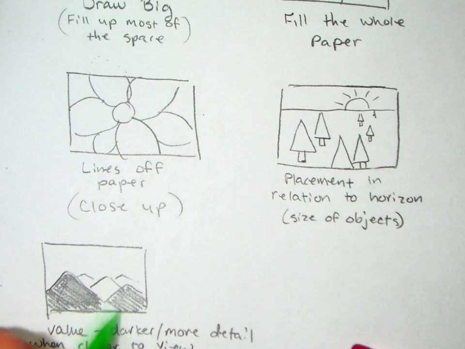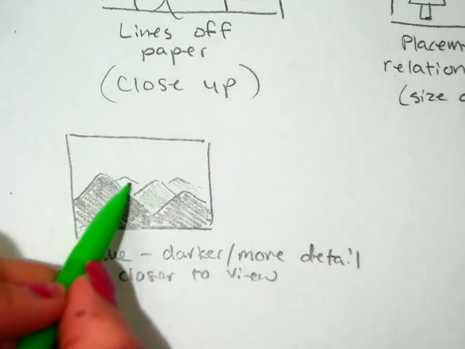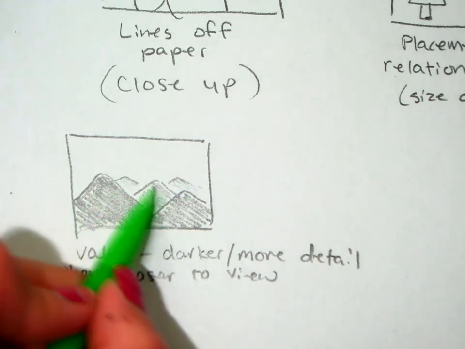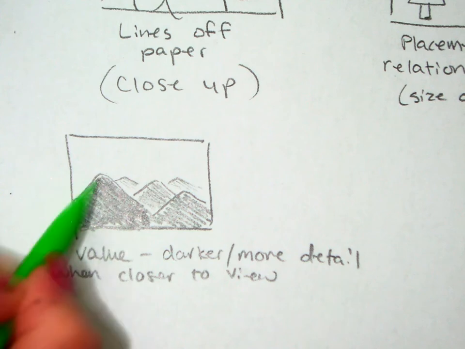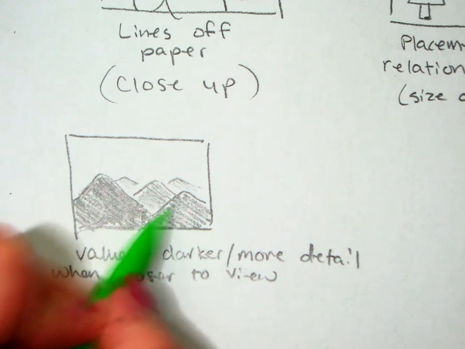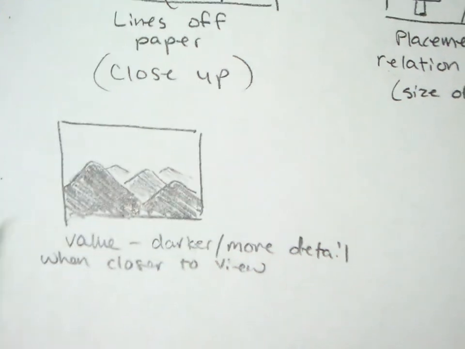Okay. But then as they get farther back, they're not quite as dark. And then they're really light back here. Does that make sense? So again, darker, closer up. Lighter as it gets further back. Okay?